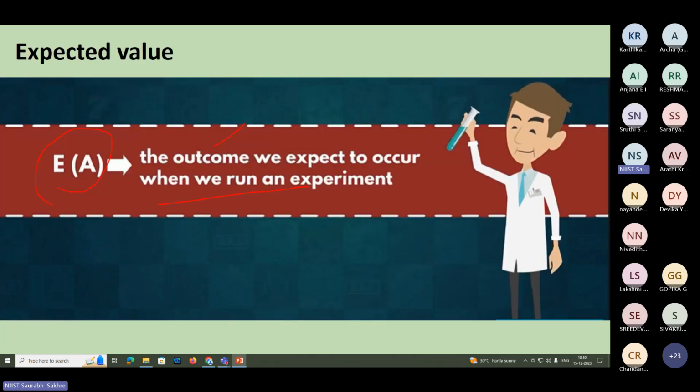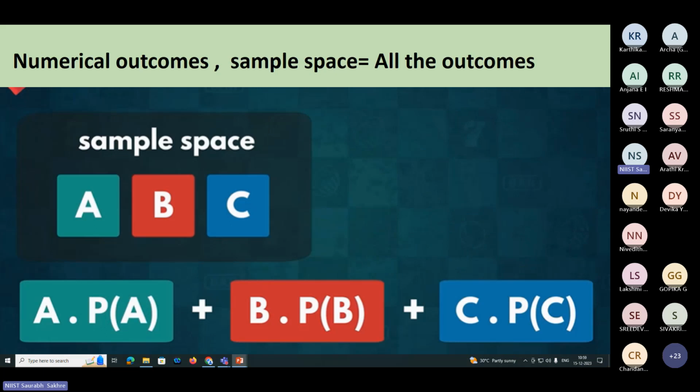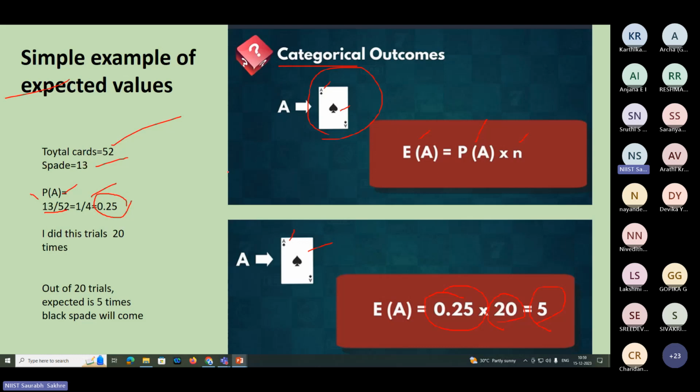Okay, we will proceed ahead. Now we will proceed with numerical outcomes of an expected value. Suppose I have a sample space of ABC. The previous example I gave you was a simple example: out of 52 cards, 13 are spades, and if I do it 20 times, there are chances that 5 times it will come out.